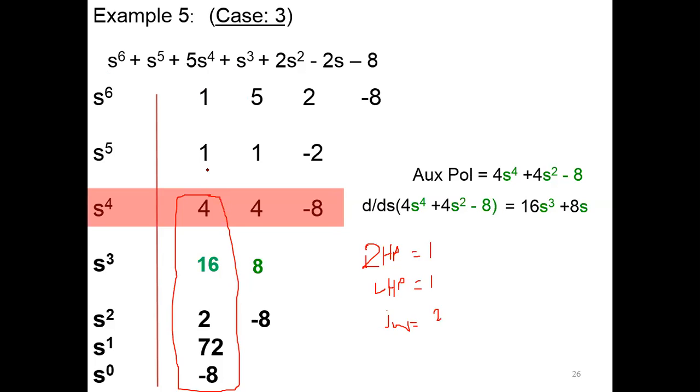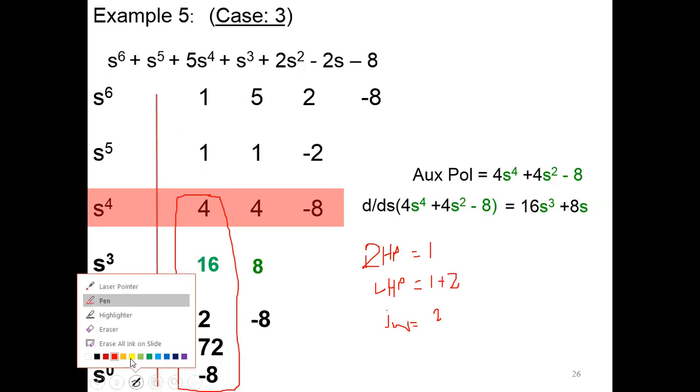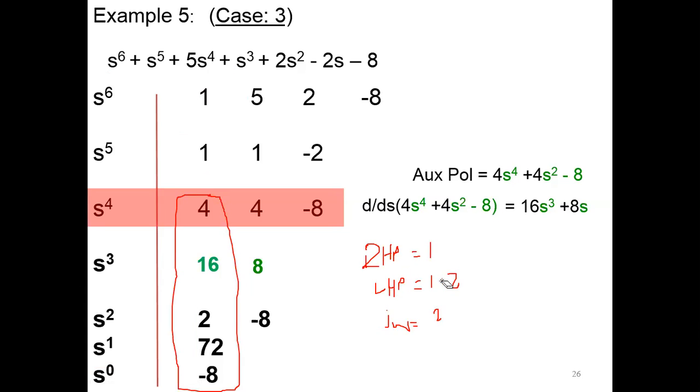And from here to here we have no sign change, so the remaining two poles will also be on the left half plane above the auxiliary polynomial. So we can write this green highlighted 2 is above the auxiliary polynomial, and the red poles are for below the auxiliary polynomial.